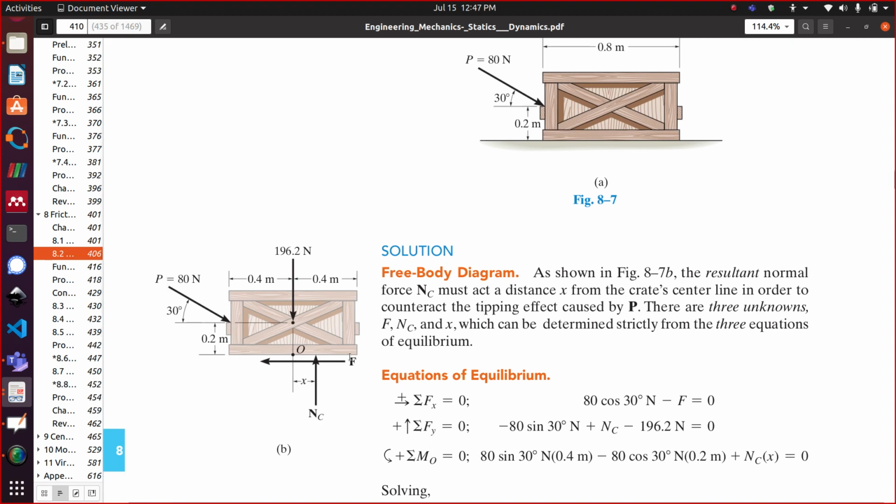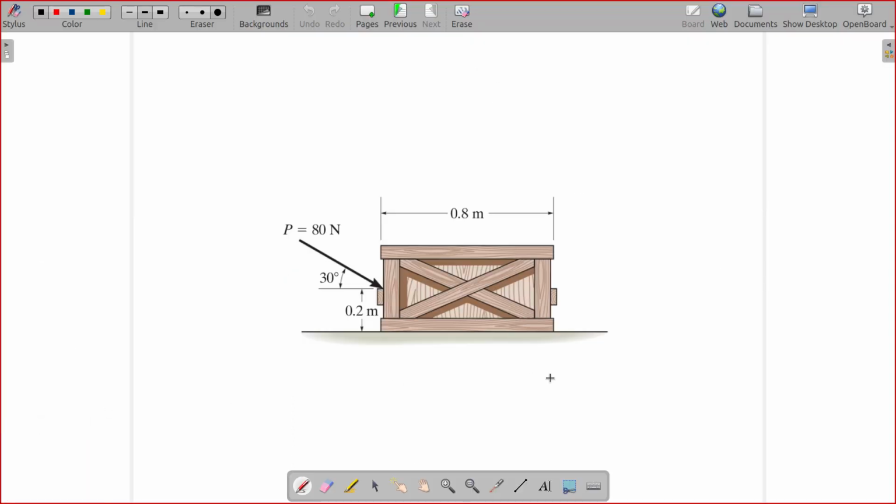P is given, right? So 3 unknowns, F, x and N. 3 unknowns can be solved with 3 equations. The equilibrium equations in x direction and y direction are very straightforward. Okay, I'll write down the full equation here.